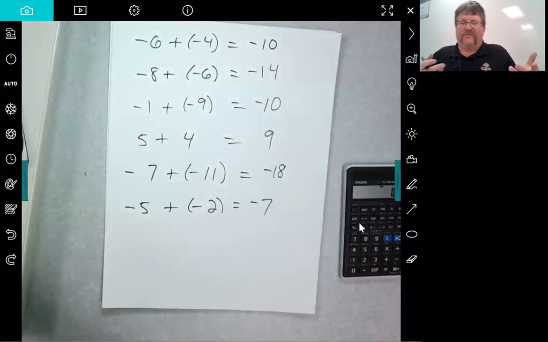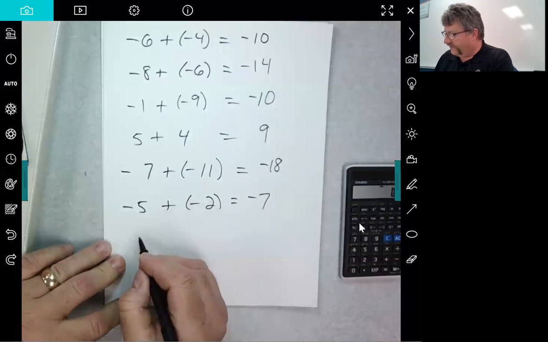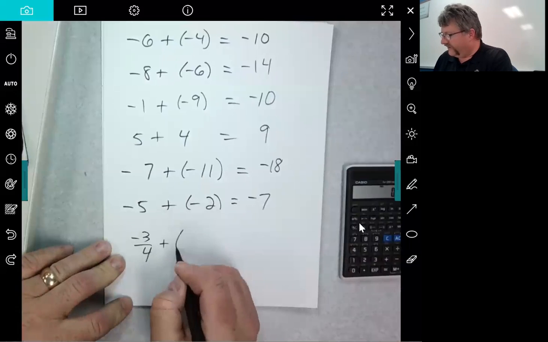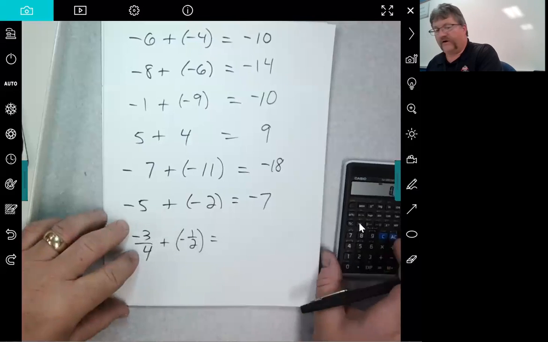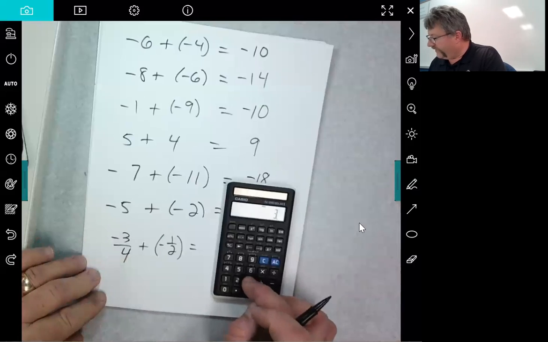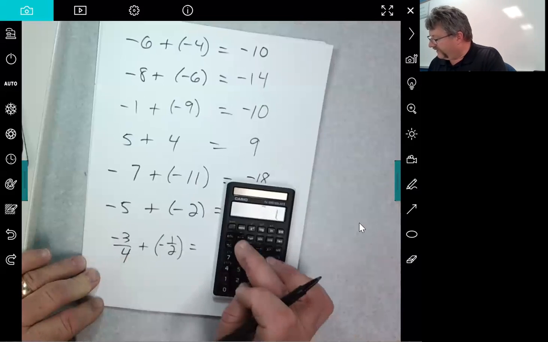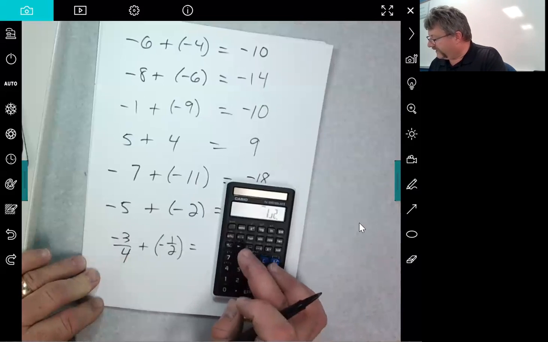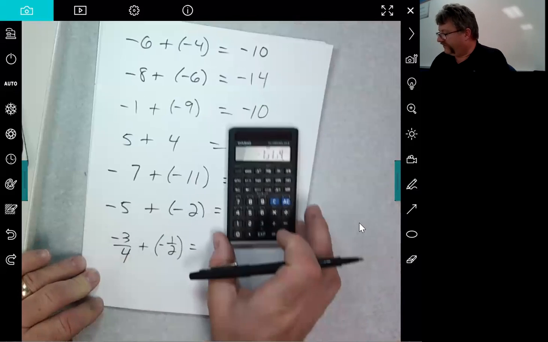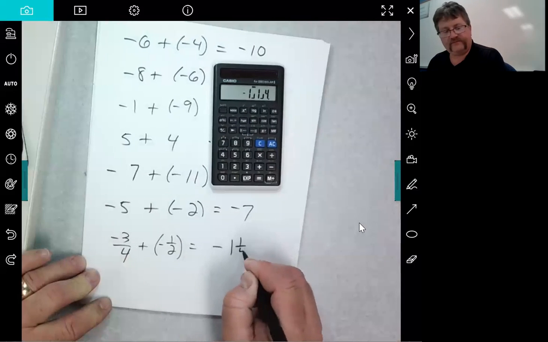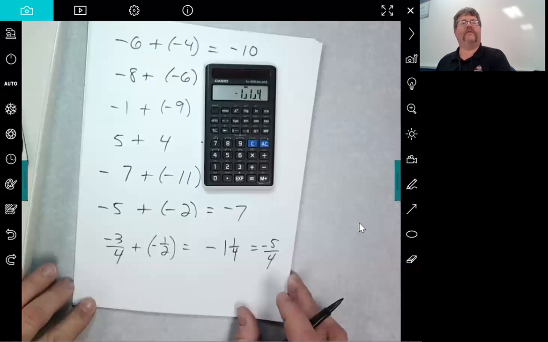But if we had to do a decimal or a fraction, -3/4 plus -1/2, common denominator and all that rigmarole we talked about in an earlier video, or 3 fraction button 4, making a -3/4, plus 1 fraction button 2, making a -1/2, equals -1 1/4, which is -5/4 if we go with typical fraction.